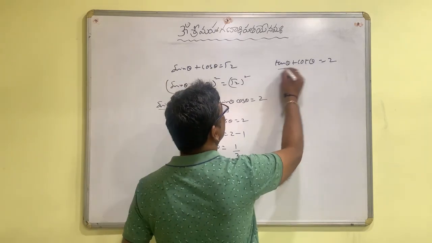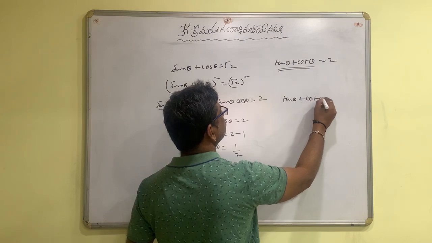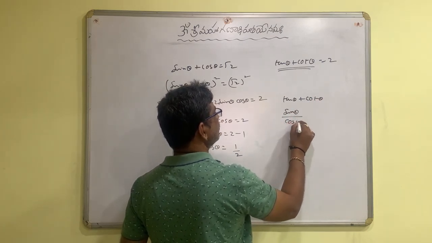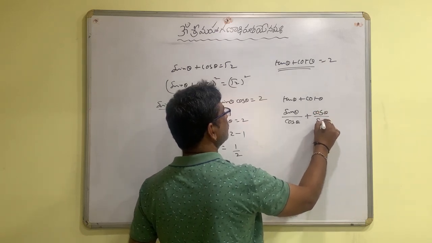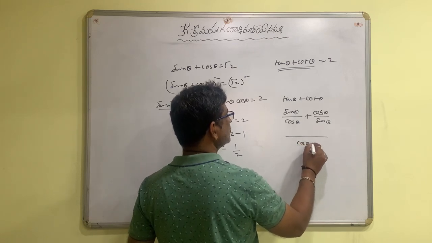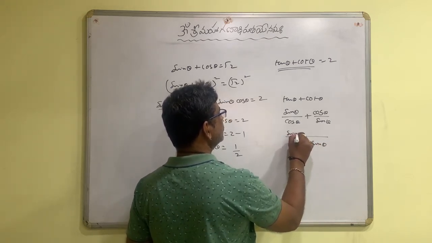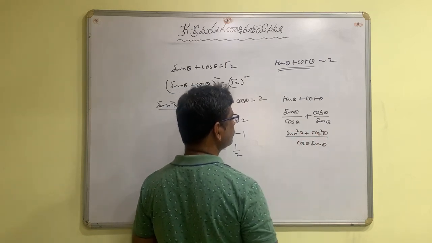Now take this one, tan theta plus cot theta. Write tan theta as sin theta by cos theta and cot theta as cos theta by sin theta. Now take LCM, cos theta sin theta. And here you will get sin square theta and here you will get cos square theta.